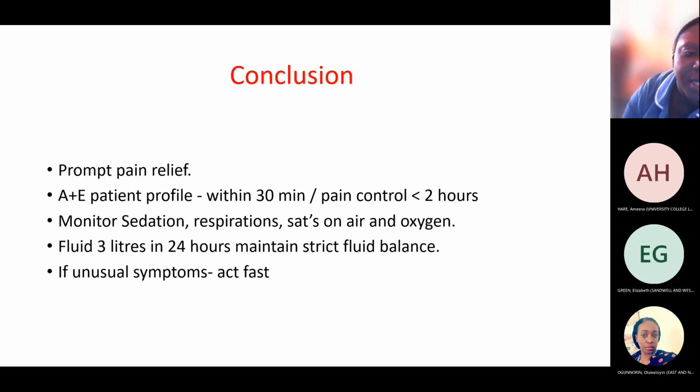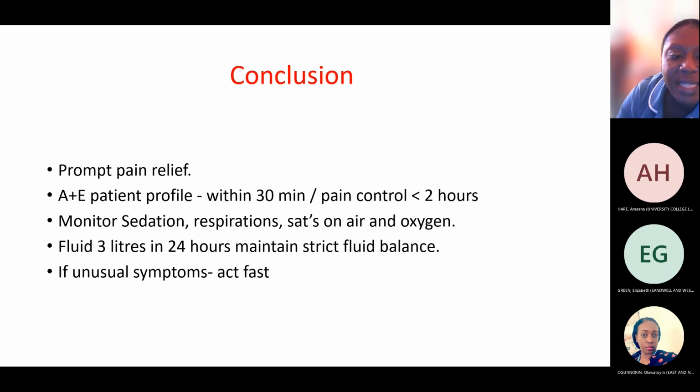So in conclusion, looking after patients, we have to give them prompt pain relief. We have to make sure that their pain is controlled within 30 minutes and try to control it within 2 hours if they're in A&E. Monitor sedation, respiratory rate, sats on their oxygen and their vital signs very promptly, as I said. We may pick up things which we need to act upon, or this could also be signs of the deteriorating patient who has a sickle cell crisis.